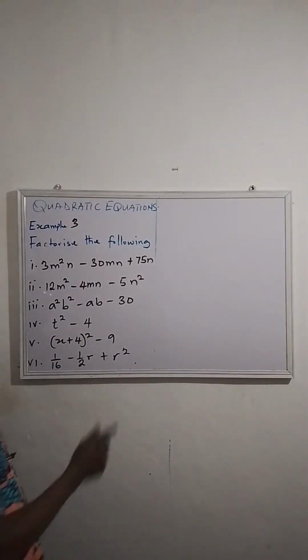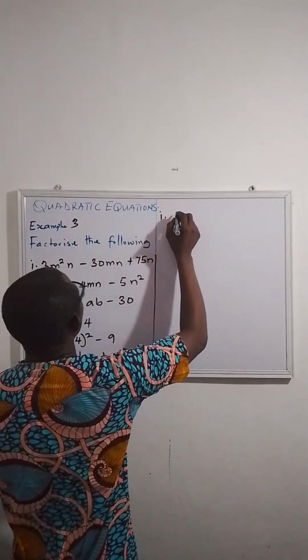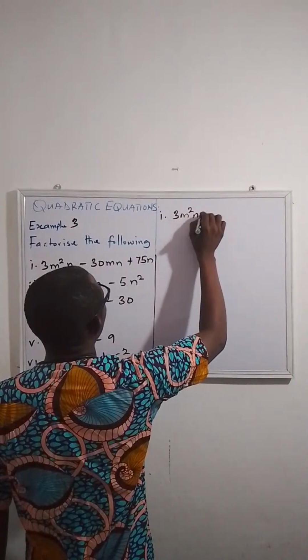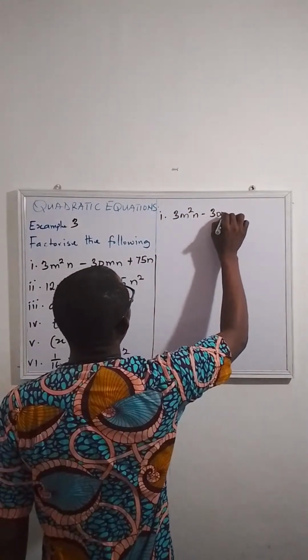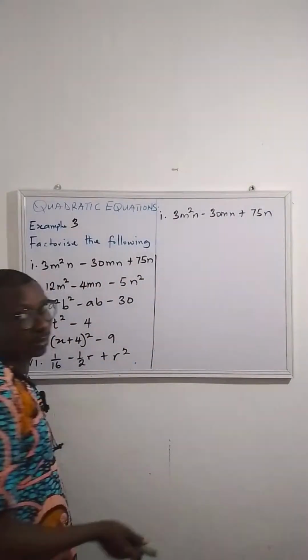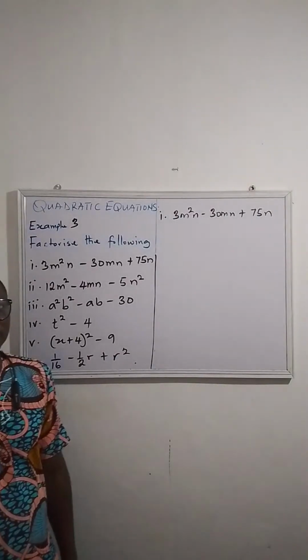Okay, now let's look at the first question here. So we have 3m squared n minus 30mn plus 75n, right? How do we solve this problem?